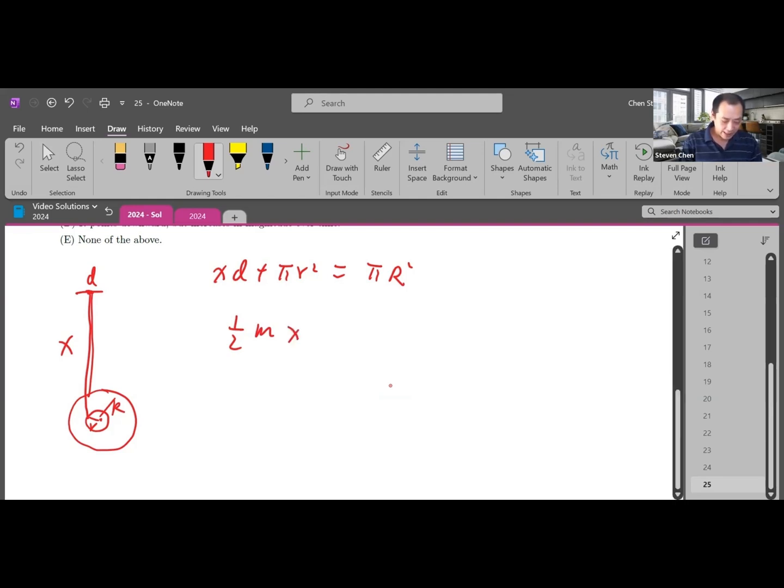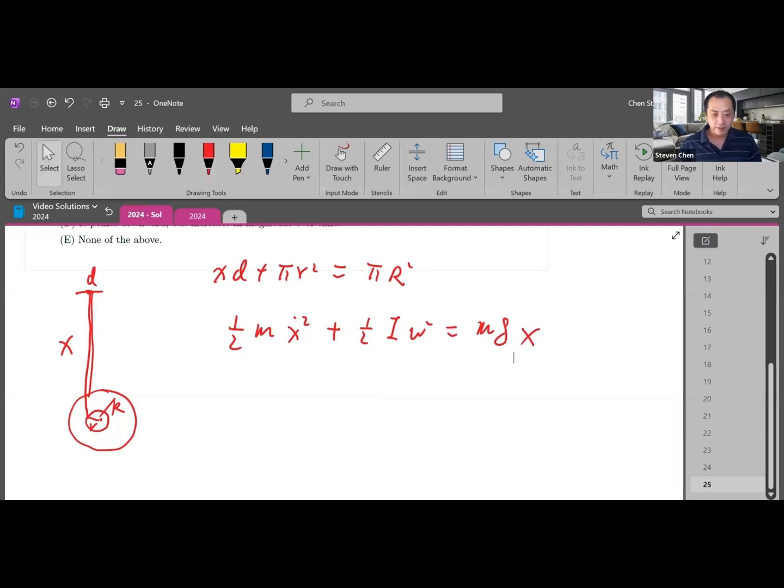So that should be x dot squared, plus the kinetic energy that comes from the rotation about the center of the yo-yo. That is given by I, the moment of inertia of the yo-yo about the center of mass, times the square of its angular velocity, omega squared, right? So the system's total energy should be equal to the loss of gravitational potential energy, which is equal to mg times x.